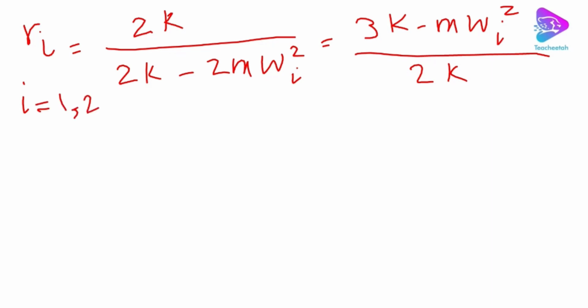So now we found our amplitude ratios, so we can further simplify what we had in our modal vectors.